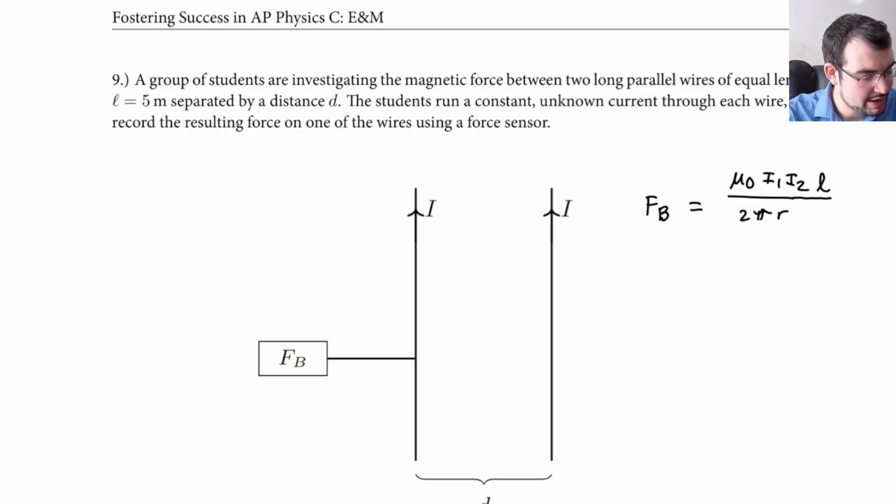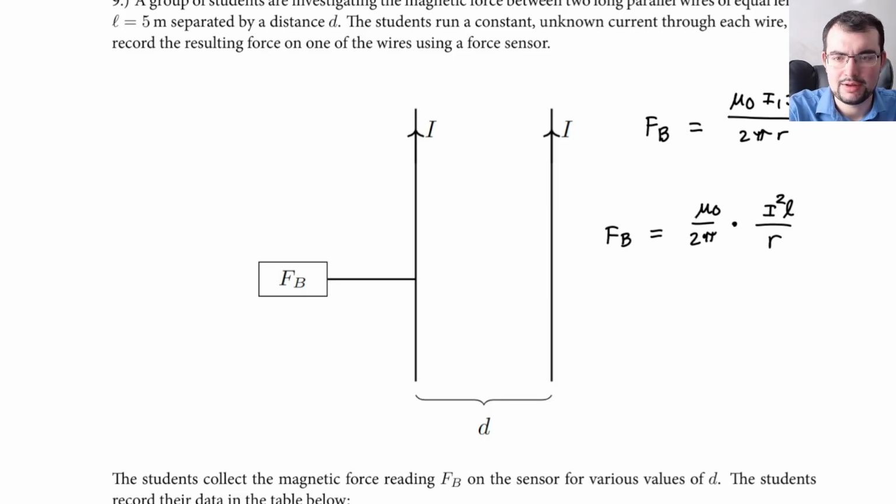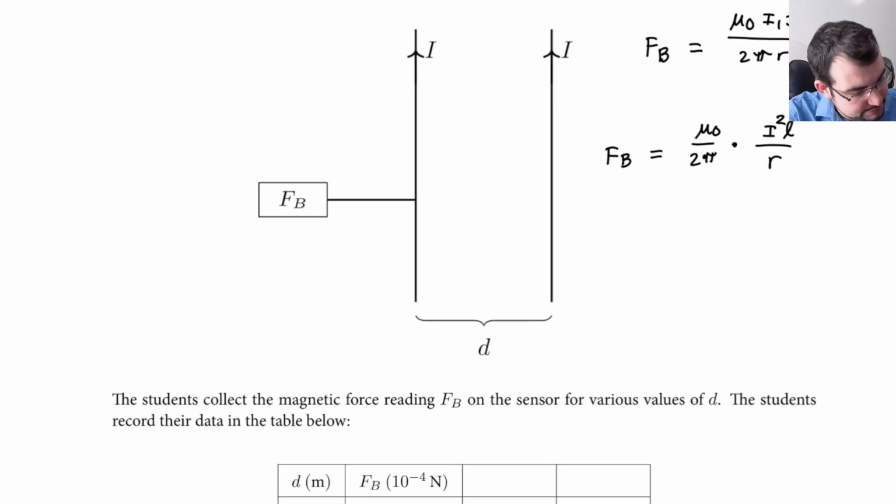We know length, and we're varying this distance. Of course, we know mu. So we can say that FB for this experiment is equal to mu naught over 2 pi times I squared L divided by R. So our variables are I squared, L, and R. We do know L, so I can move that.